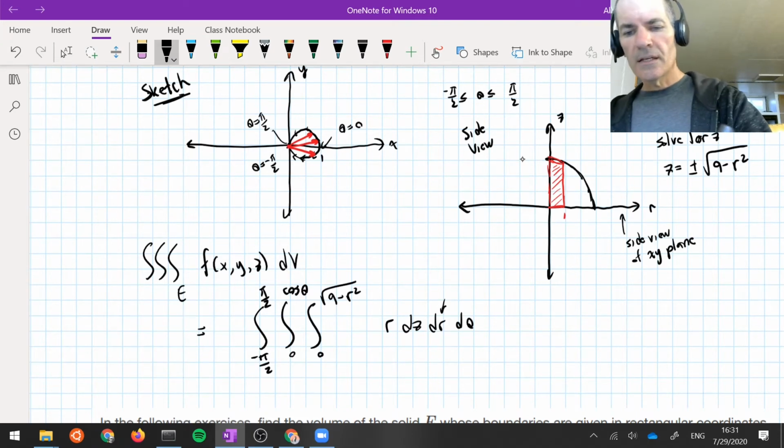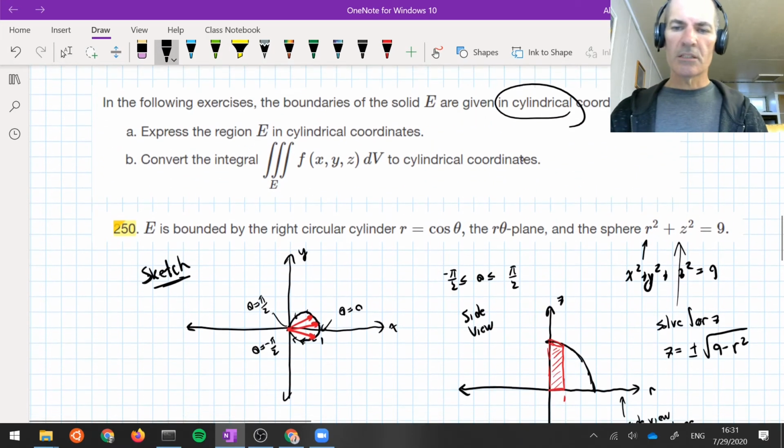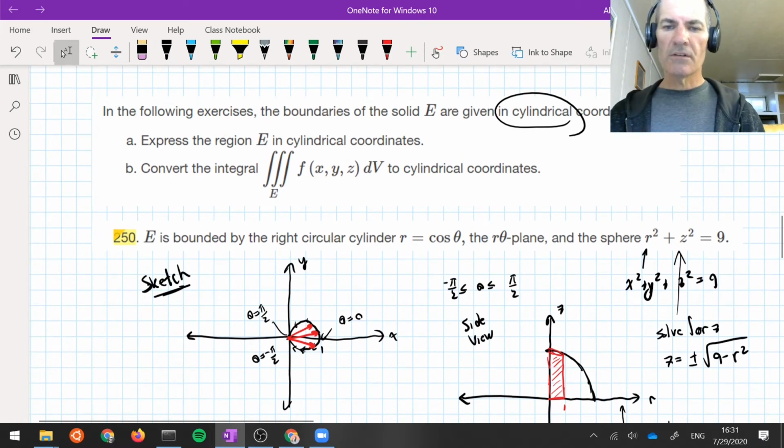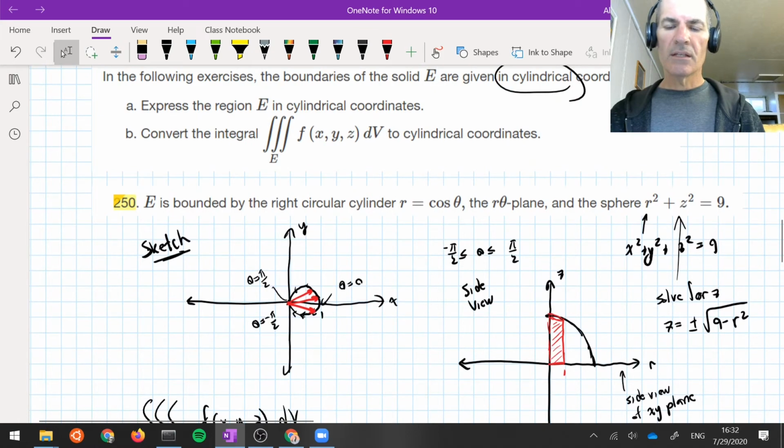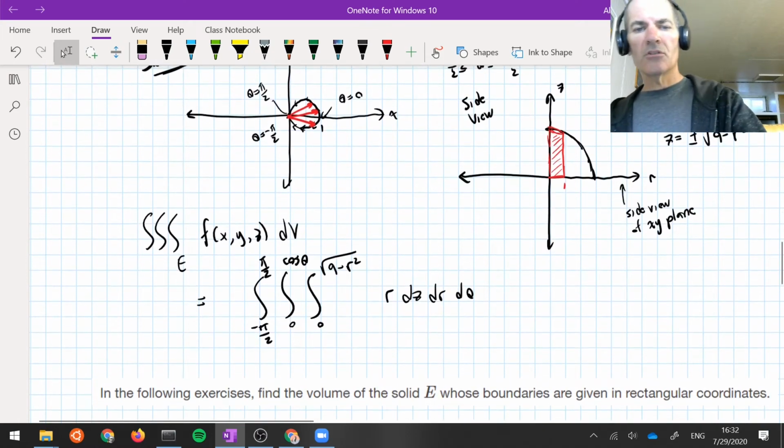Now we've got the integrand that we haven't accounted for yet. We're not given an explicit integrand in the problem, we're just given f of x, y, and z. So what do they mean by converting this integral? What they mean really is just dropping in the cylindrical coordinate transformations.